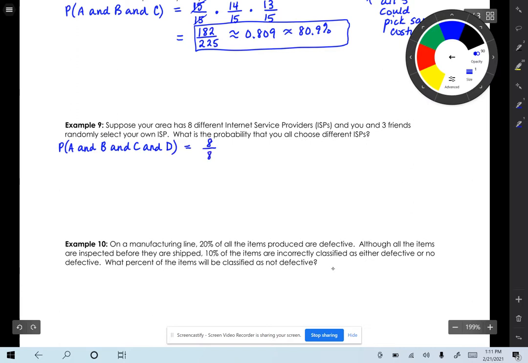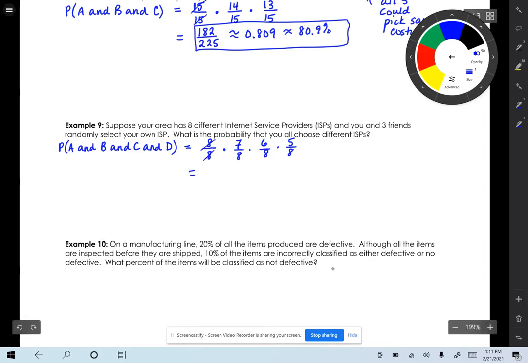8 out of 8 times 7 out of 8. And the reason why is because you're choosing a different one each time. So 6 out of 8 times 5 out of 8. That equals, and so I cancel that. That's 1 whole.